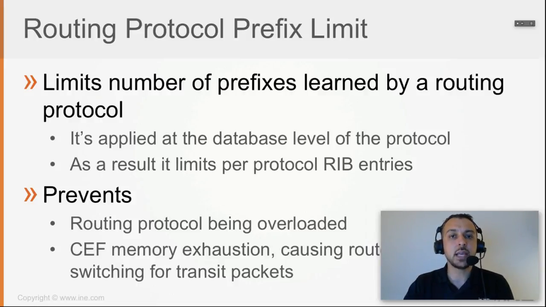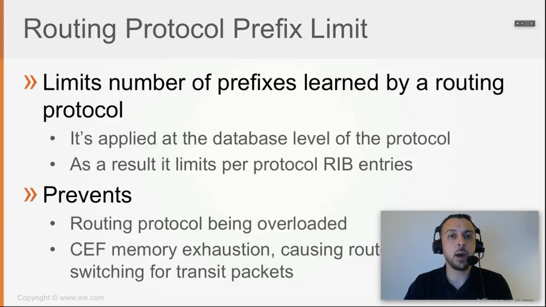So the prefix limit is meant to prevent a routing protocol from being overloaded, because I don't want somebody to accidentally redistribute the full BGP internet routing table into EIGRP, OSPF or RIP. Those protocols are not designed for that; they're going to crash pretty much.